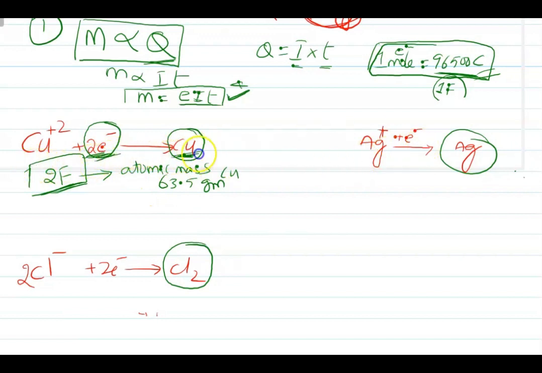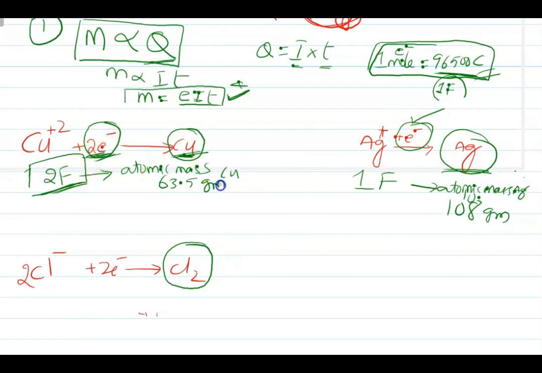Next, to deposit 1 atomic mass of silver, the atomic mass of silver is 108. That means to deposit 108 grams of silver we require how many Faradays? Only 1 Faraday of electricity is required. It depends upon the number of electrons required, so this number of electrons must be kept in mind.